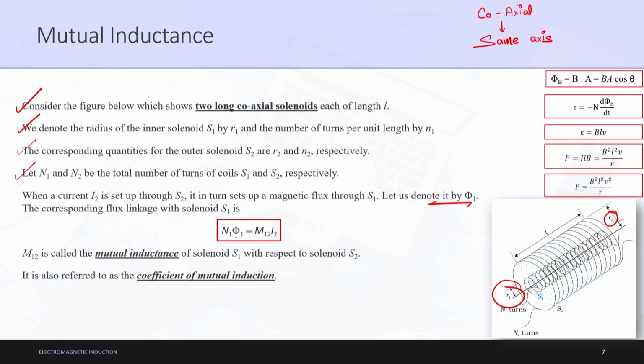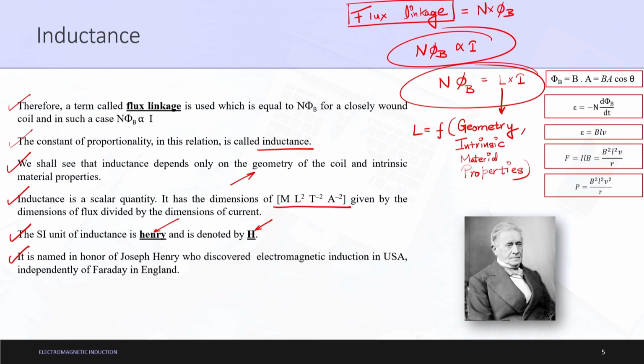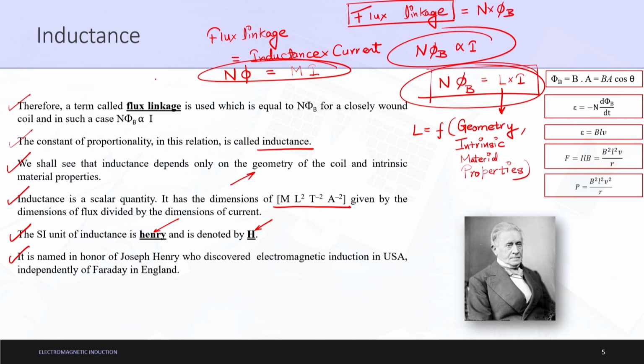Let us go back: what we understood from the concept of inductance is that flux linkage is equal to inductance into current. In the forward slide it is given that N phi is equal to M I. Only this concept is talked about here, so I will write this line there.